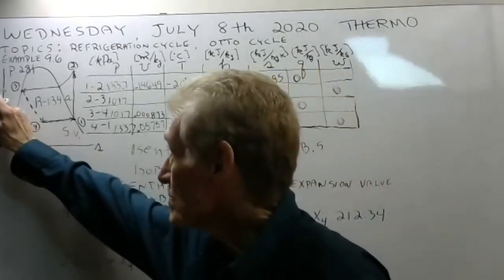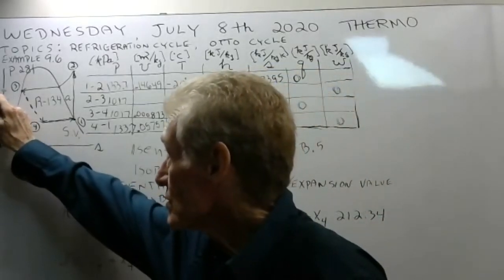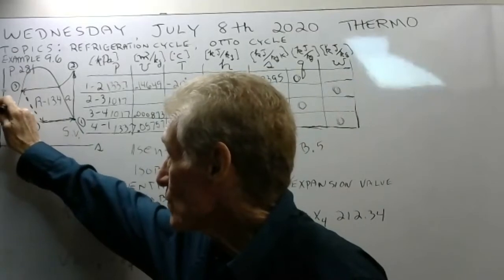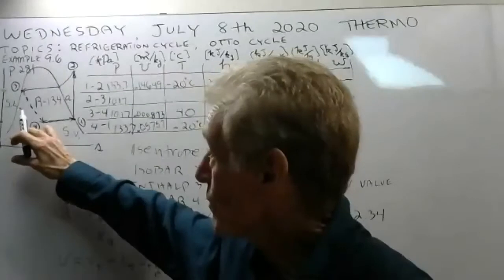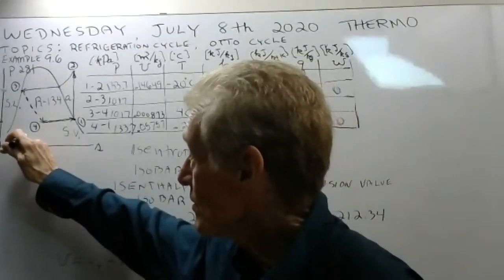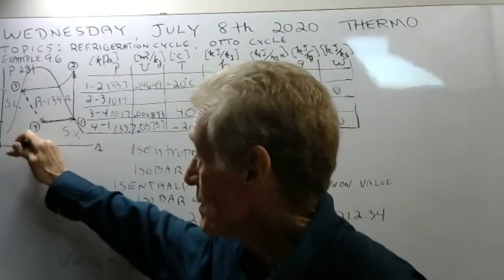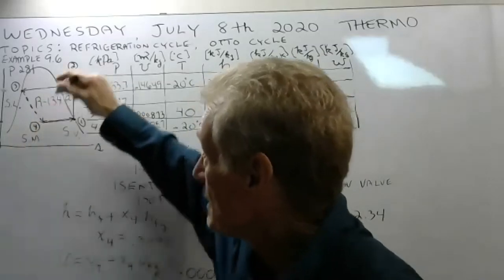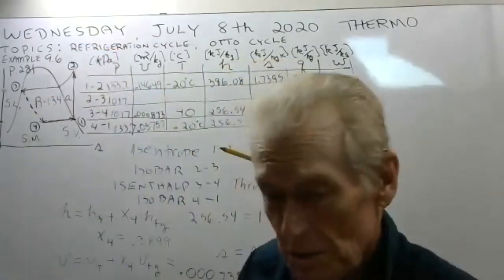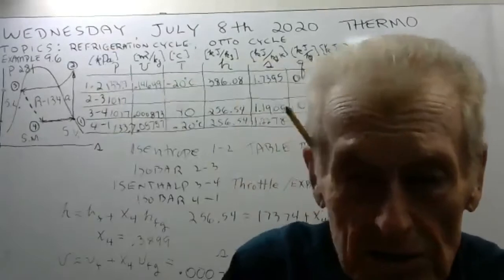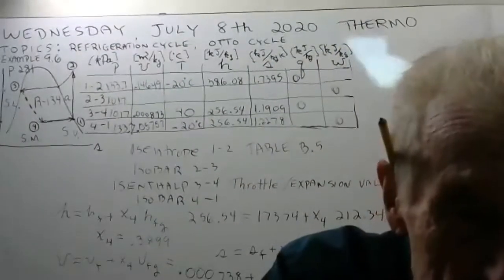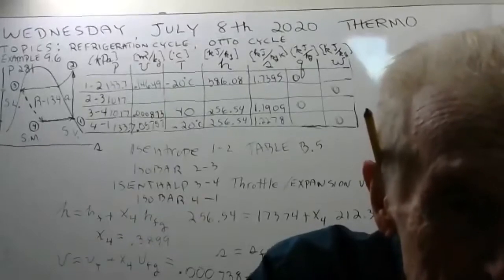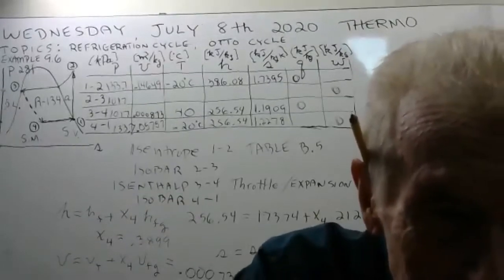I forget who it was now, but they said it's saturated liquid. State 4 is called saturated mixture. But what is state 2? Let me go to somebody, and we're going to ask them what state 2 is. Aubrey. Hi, Aubrey.